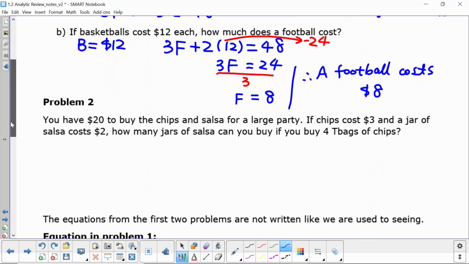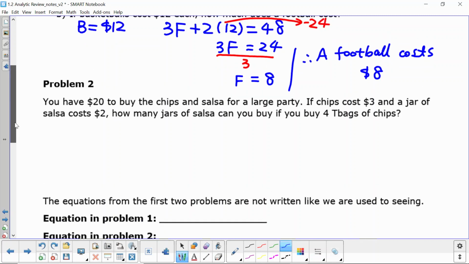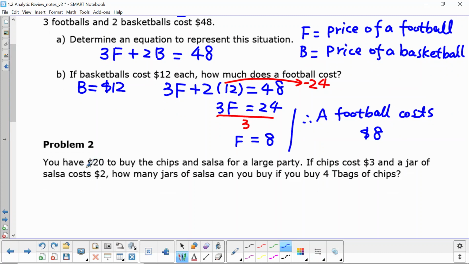Then after that, we are going to see problem 2. So problem 2 looks more complicated. So you have $20. So your total is $20. Chips cost $3 and the jar of ice costs $2.